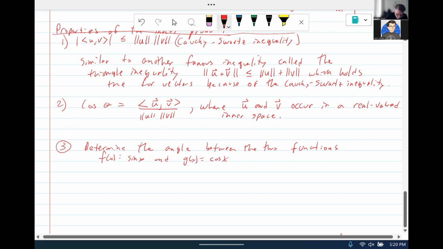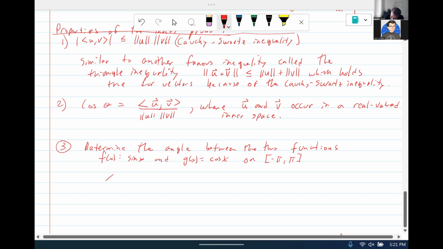We're going to find the angle between these functions on negative pi to pi. So what's the angle between the functions of sine and cosine on negative pi to pi?